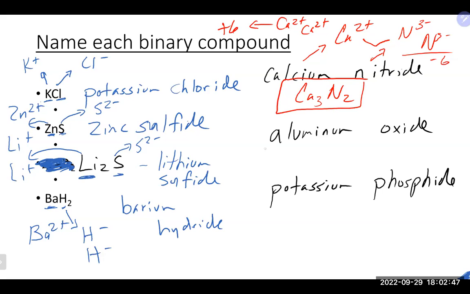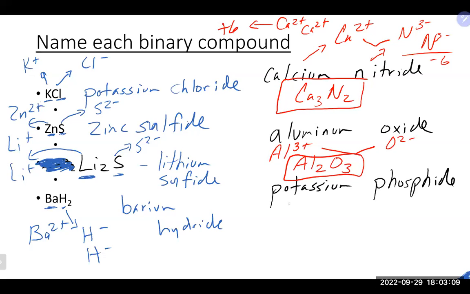Aluminum is group 3, which means it has a +3 charge. Oxygen there is group 6, which has a -2 charge. So once again, putting this together, we're going to get to the 6 number just by multiplying the 2 numbers together. Gives us 2 of the aluminums needed and 3 of the oxygens.